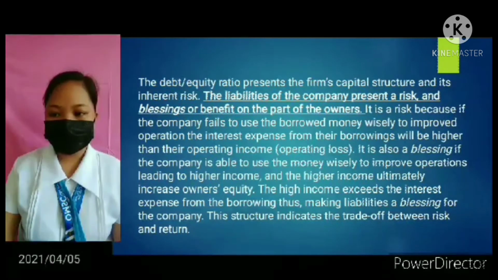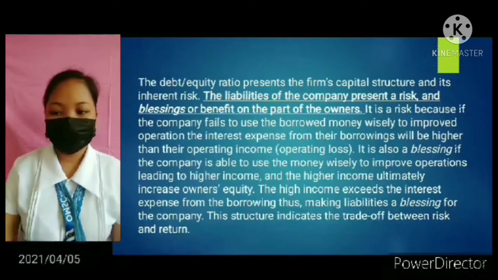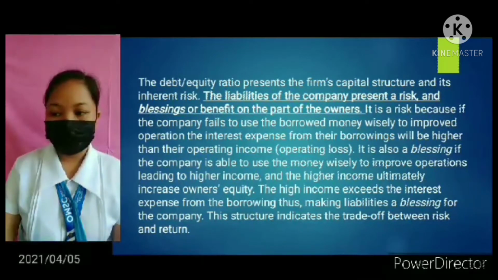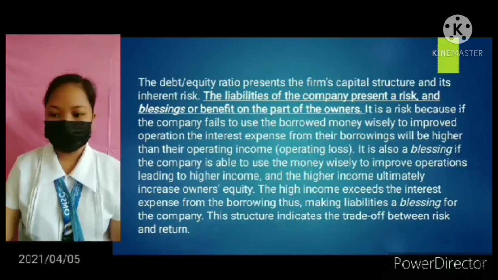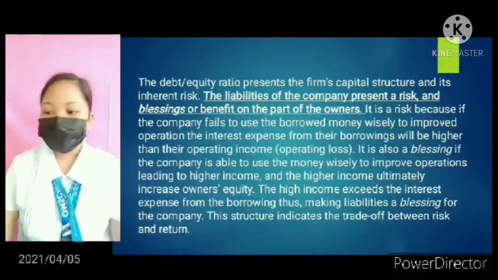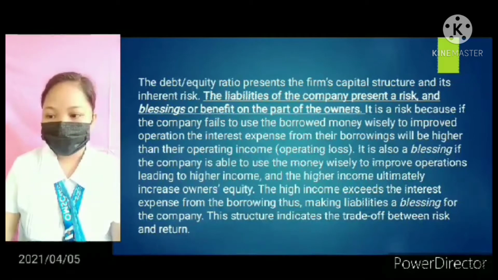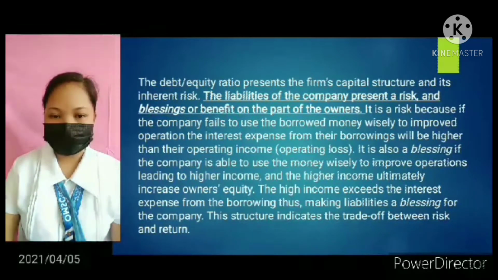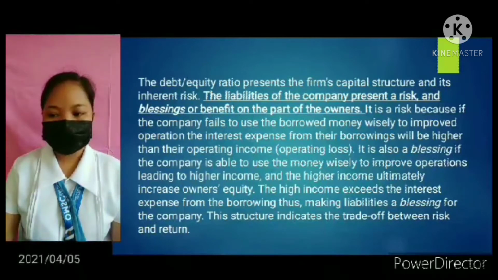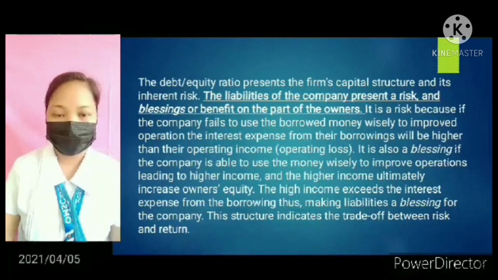It is also a blessing if the company is able to use the money wisely to improve operation, leading to higher income. And the higher income ultimately increases owner's equity. The higher income exceeds the interest expense from the borrowing, thus making liabilities a blessing for the company. This structure indicates the trade-off between risk and return.